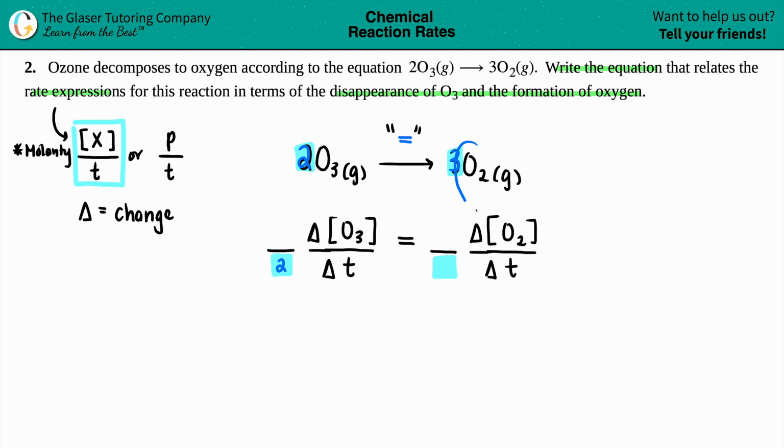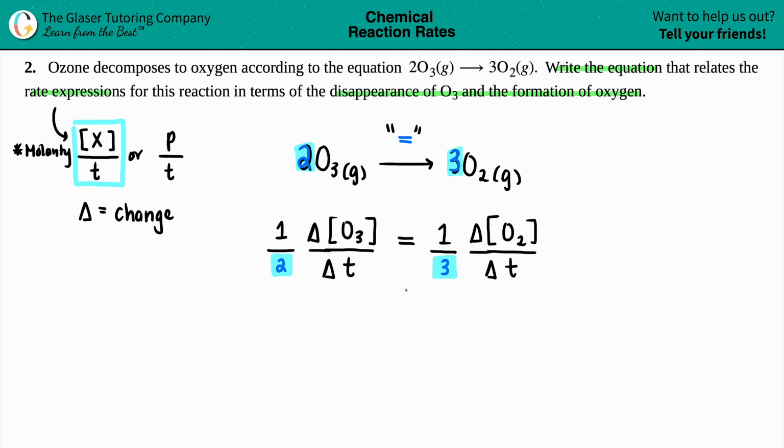And I know that since this is the O2 side, there's going to be a 3 on the bottom. But now what are the numbers that go on the top? For these, it's just placeholders. So these would be 1s. That's the second thing that you have to worry about. So always just write your concentration over times, put those delta signs in, then put in your fractions, right? 1 over 2, 1 over 3.